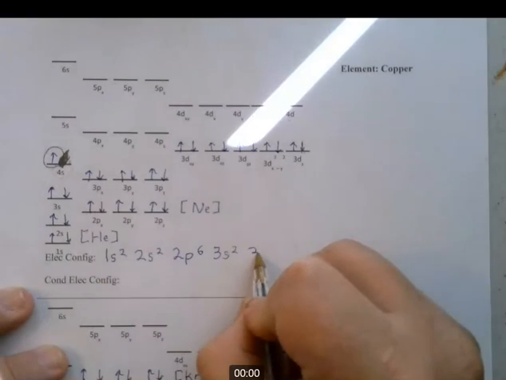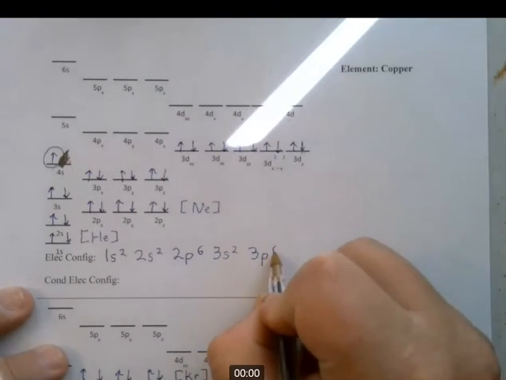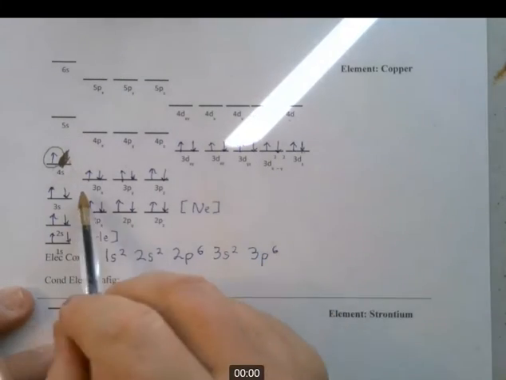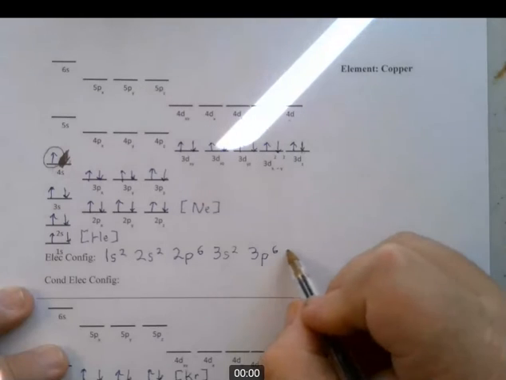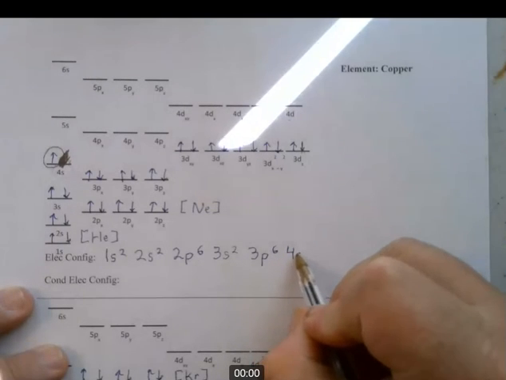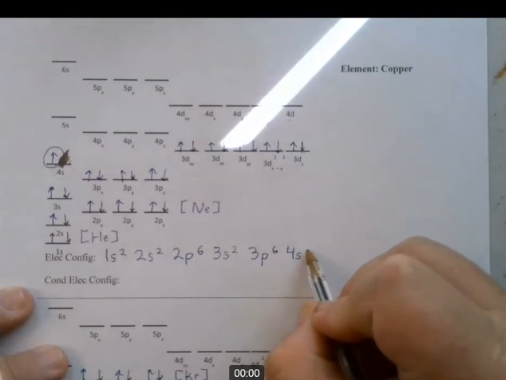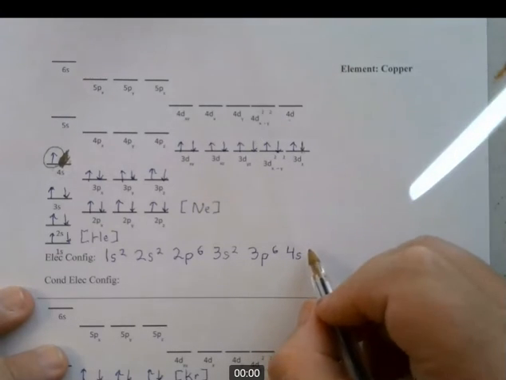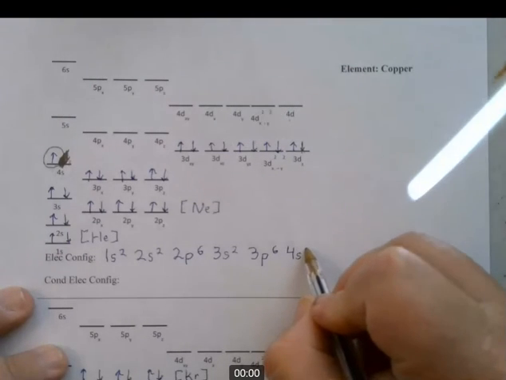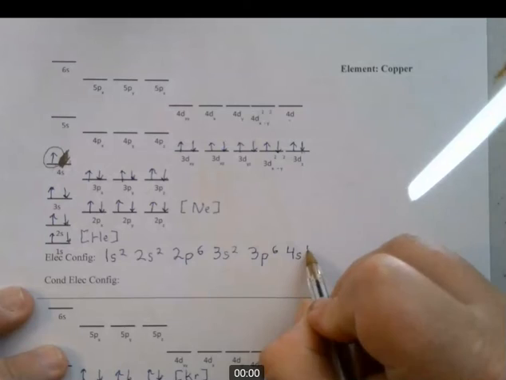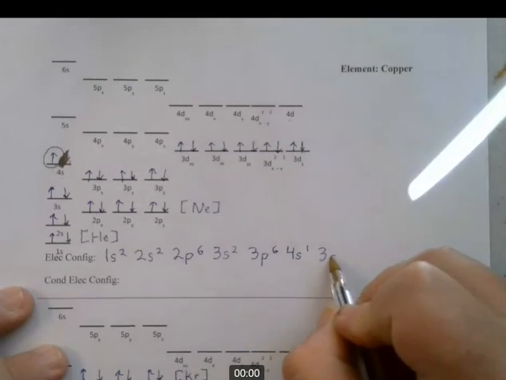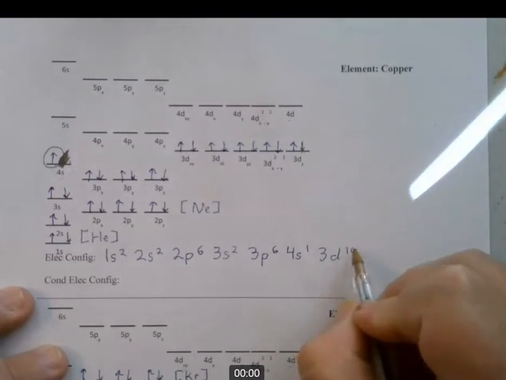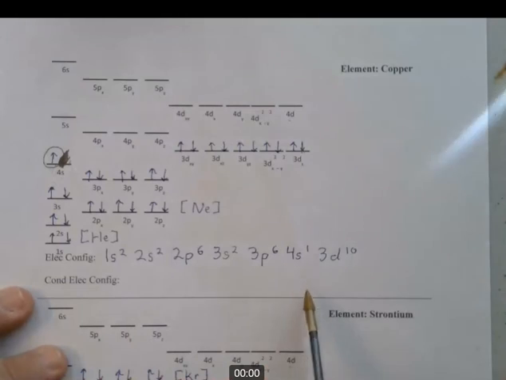It's the same as 2p, 3p6, and then you go to 4s, and it only has 1 electron because copper borrowed that electron from the s orbital to put it in its d orbital. So it's 4s1, and then it's 3d10. So that's the complete electron configuration again.